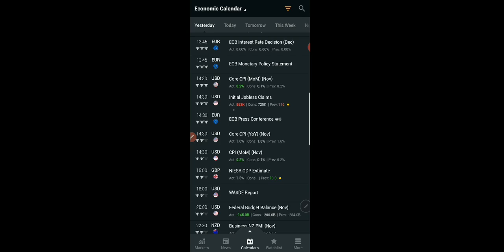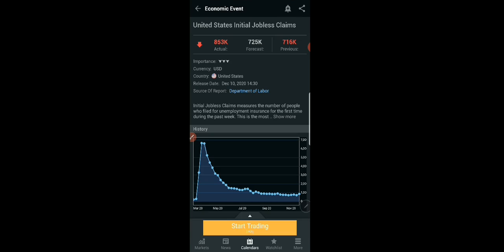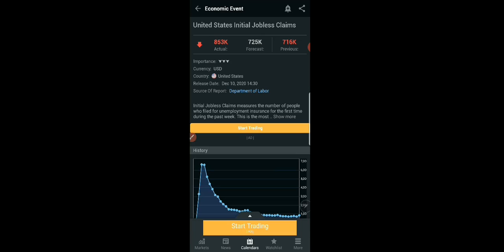But when we see that the actual is lesser than the consensus estimate, or the forecast, or the predicted, it shows that it is strong. That means the currency is getting strong. So basically, these initial claims typically rise before the economy enters recession.